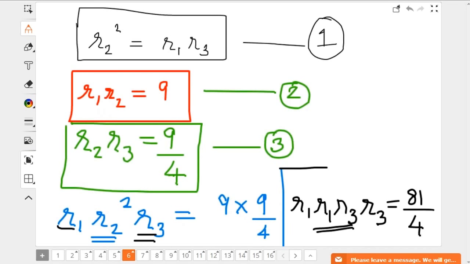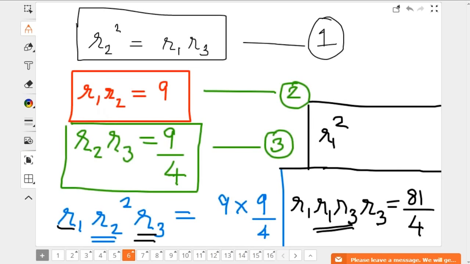But there's an advantage here because of this. What is that? You can already start seeing that, right? So you get another relationship. Very good. Okay, so we get R1 square into R3 square is equal to 81 by 4.